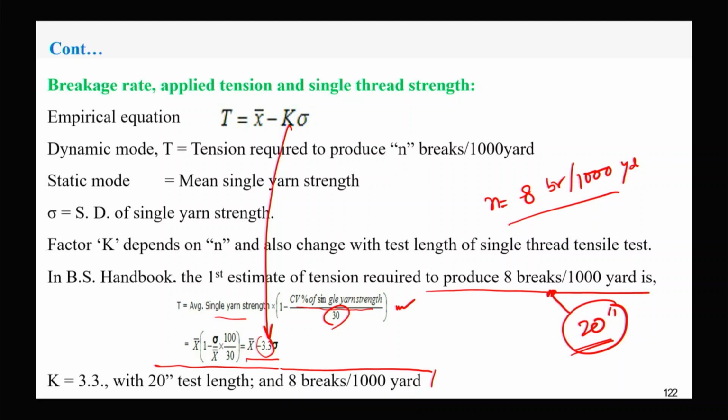But for other conditions, when breakage rate and gauge length change, we can calculate the K value. For our numerical, we don't have any other value with us.